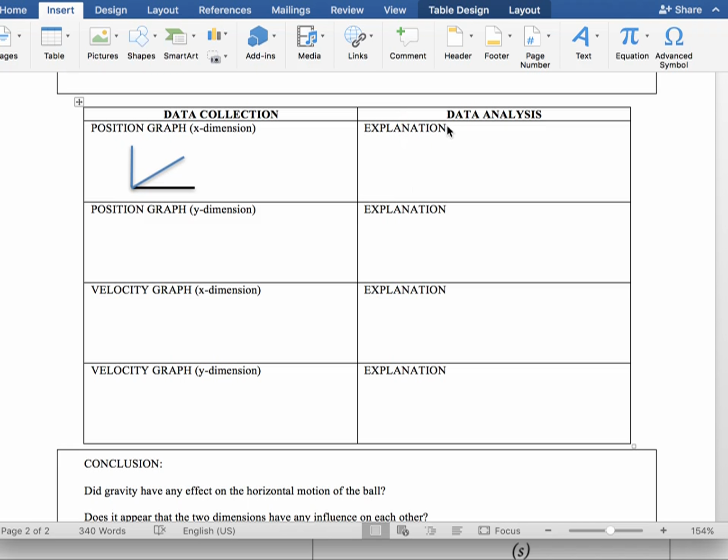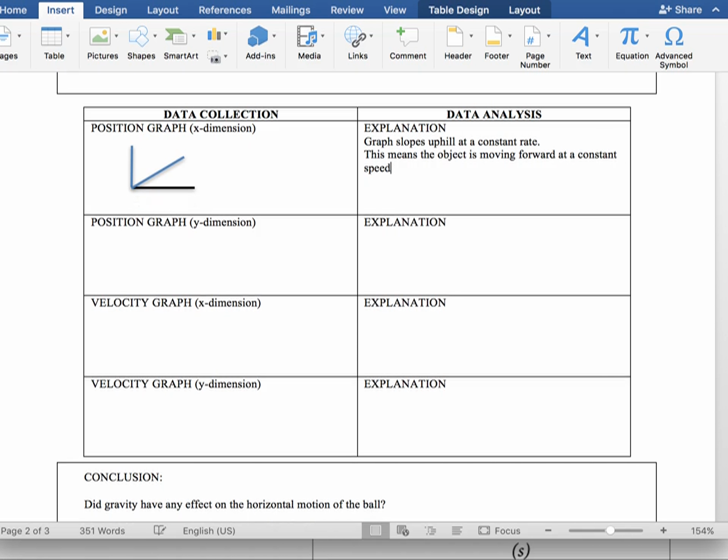In the explanation, I'm going to say that the graph slopes uphill at a constant rate. I can see that just by looking at the graph. But what does that mean? This means the object is moving forward at a constant speed.